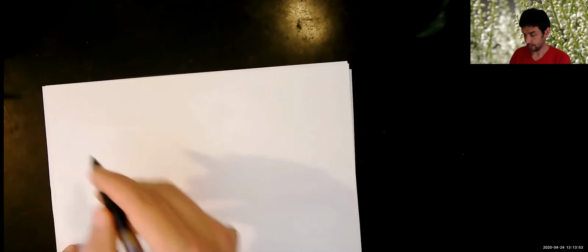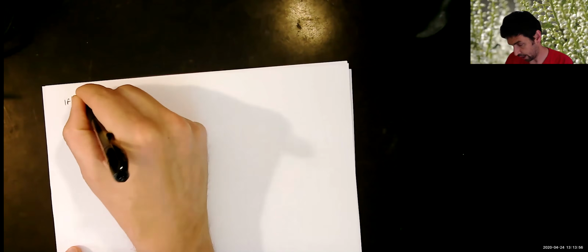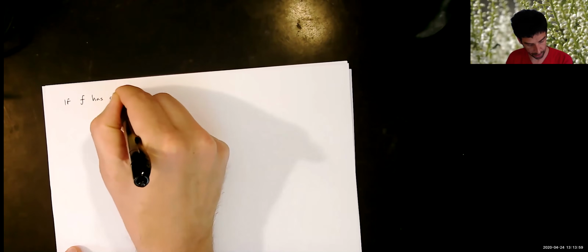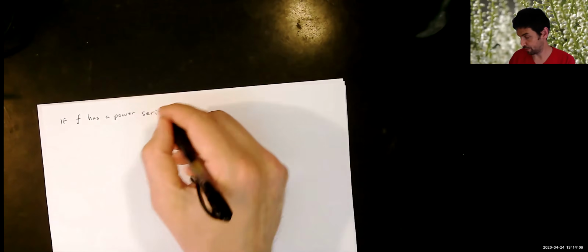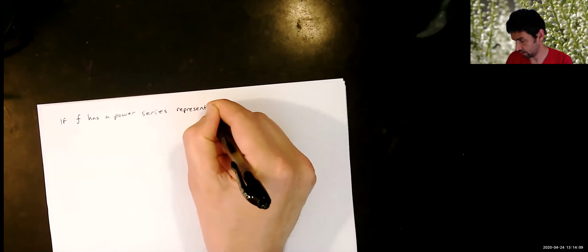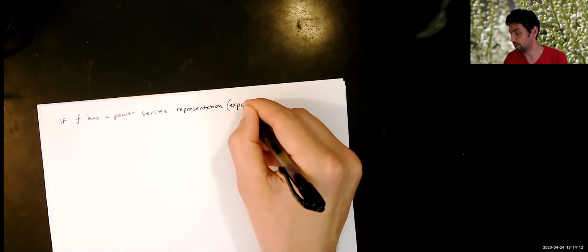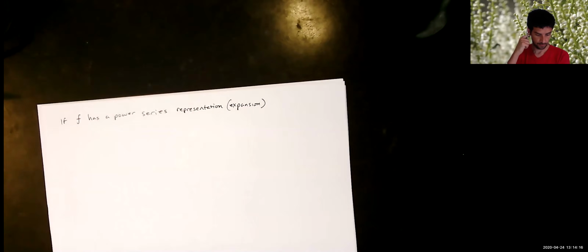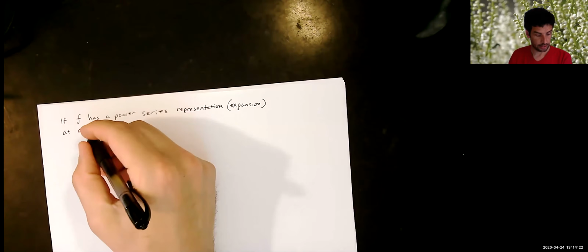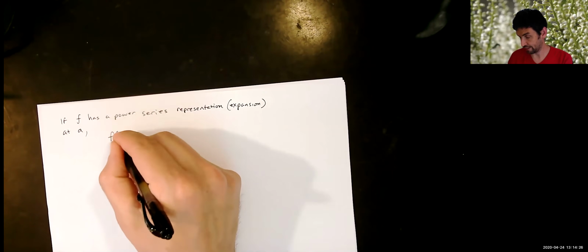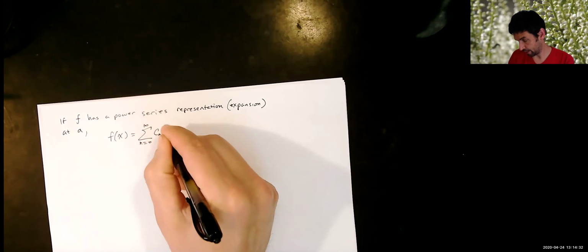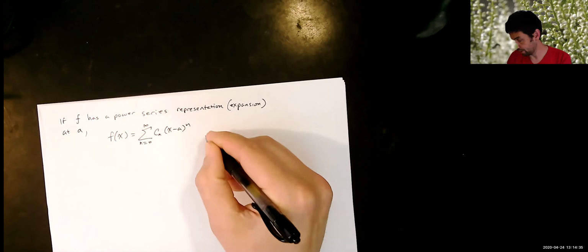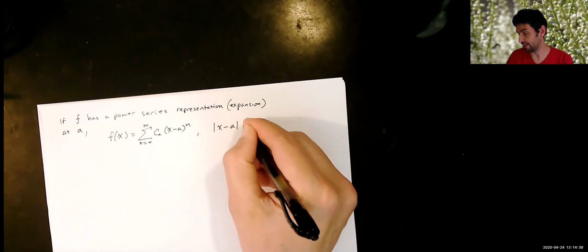If f has a power series representation, or sometimes people call it an expansion, at a, where a is some real number, in other words, f of x is equal to the sum from n equals 0 to infinity of c sub n times (x minus a) to the n, valid when the absolute value of x minus a is less than R.